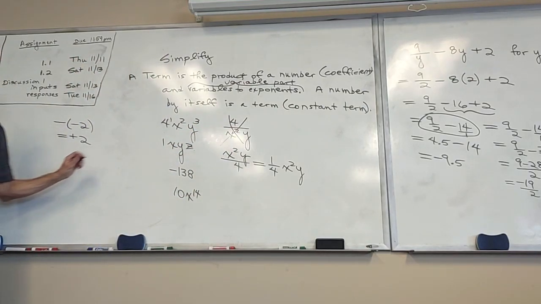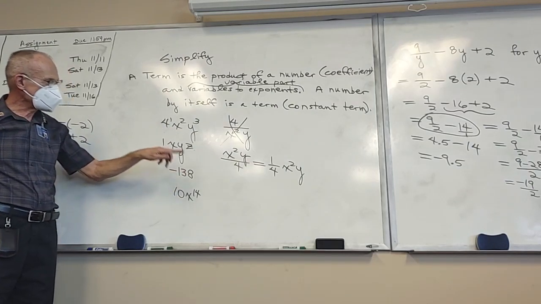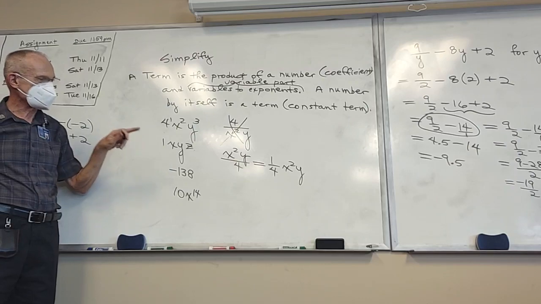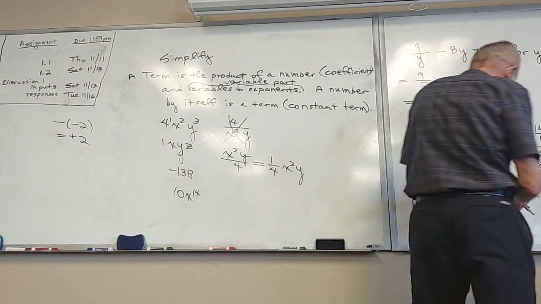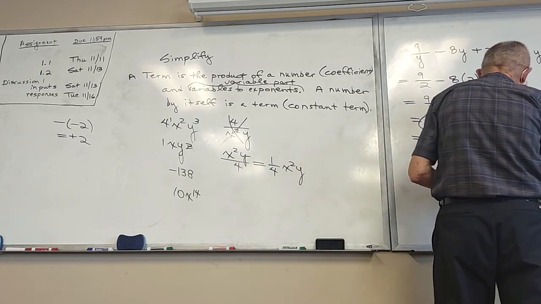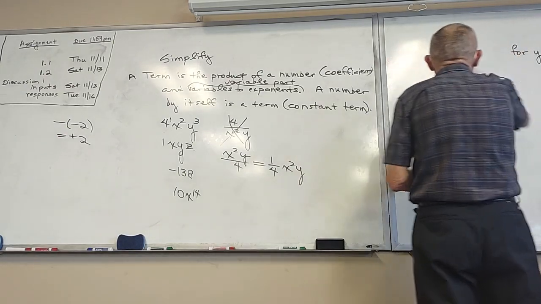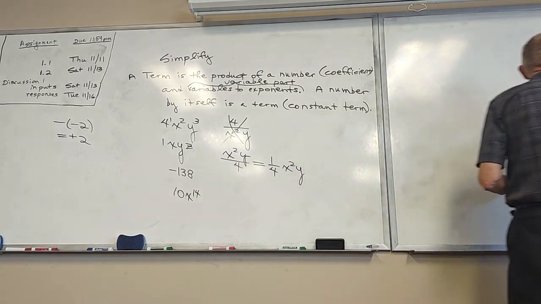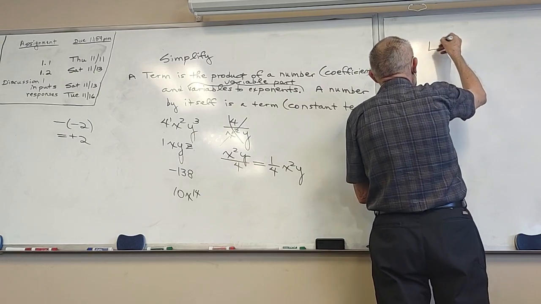Now, the variable part is very important because we're going to be talking about like terms, and like terms have to have exactly the same variable part. Okay, coming up in just a minute. In fact, how about right now? The definition of like terms.